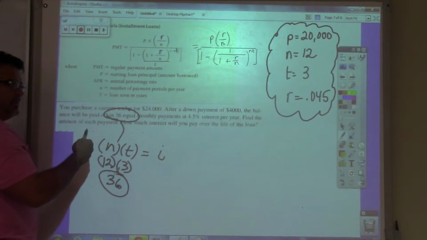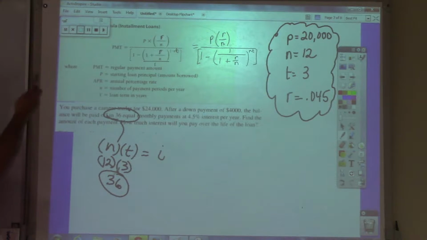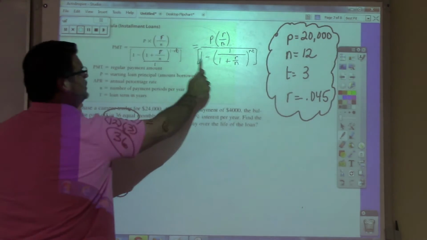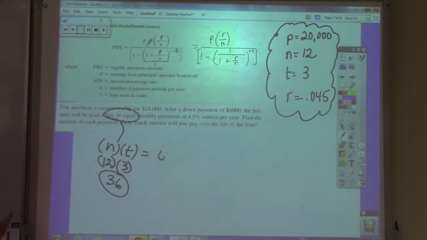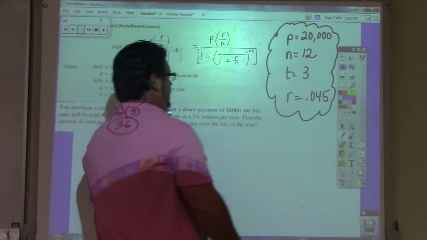I wasn't catching that the other day, and it was messing me up, because this is the original type problem, and they're taking I and throwing it in there.